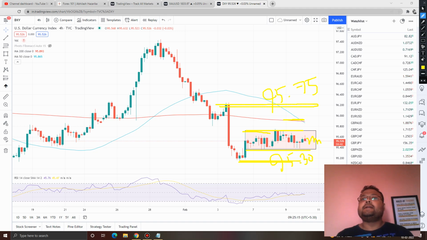But if the news is bad, 95.10 will be an important level. If it breaks, there will be heavy selling on the dollar, and we can see good buying on gold. But as of now, till the news comes out, DXY will be trading in a tight range only. Clear?